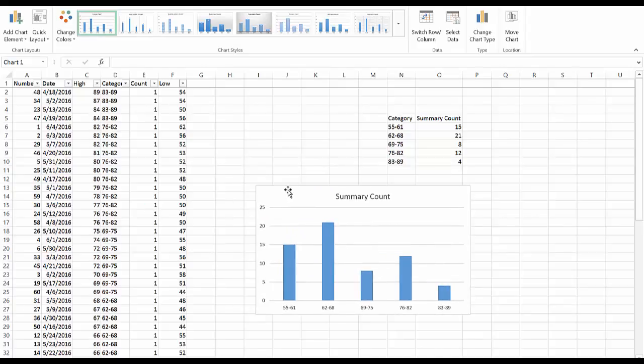And so now I have my 55 to 61 degrees. I have 15 data points from 62 to 68. I have 21 data points, 69 to 75. So you can see that this graph looks exactly like this data. It's just now it's in a pretty lovely histogrammed format.